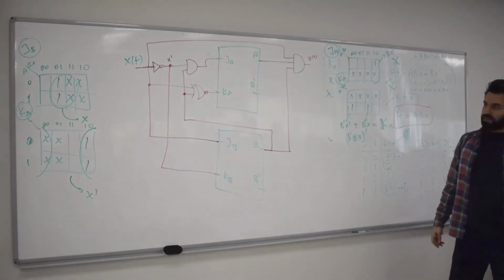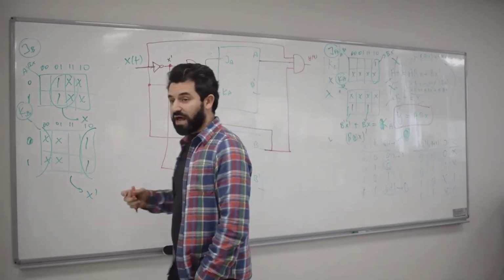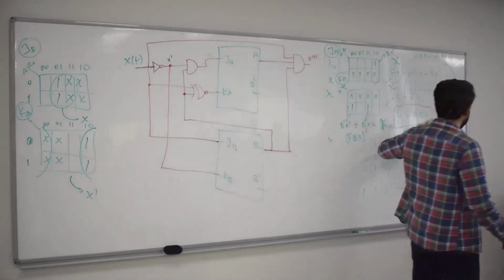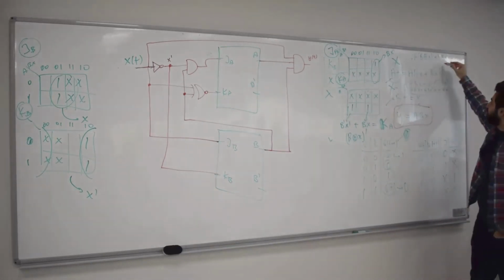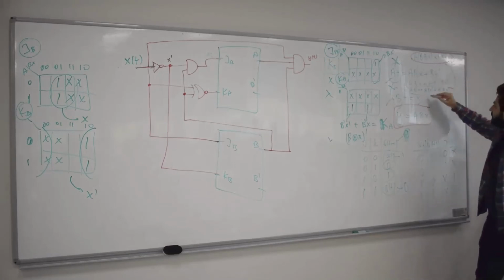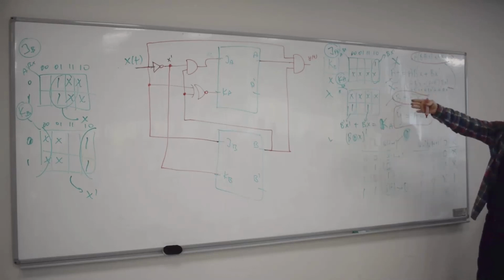So you can see that you might have done this using a D flip-flop. If you had done this with D flip-flops, you would use this expression, which is more complicated, and this expression for B plus X, which is almost the same complexity, and this is also the same.